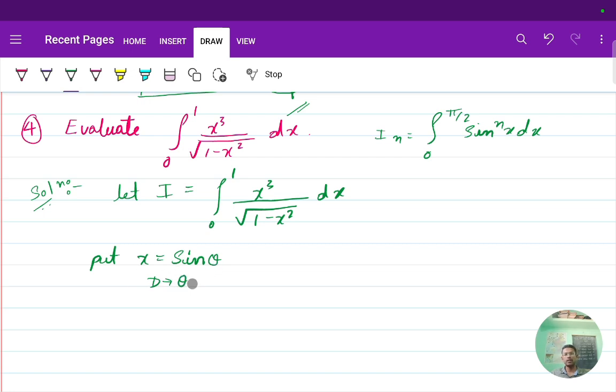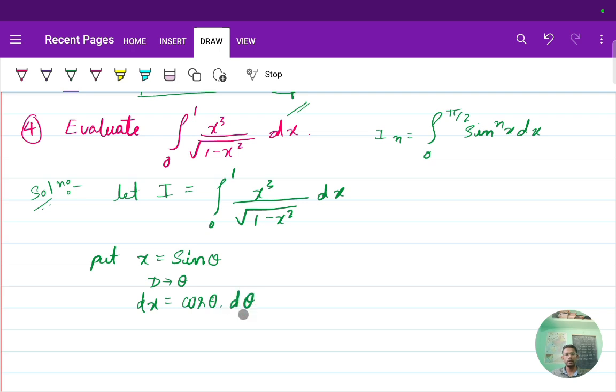When we differentiate with respect to theta, we get dx is equal to cos theta d theta, since the differentiation of sine theta is cos theta.